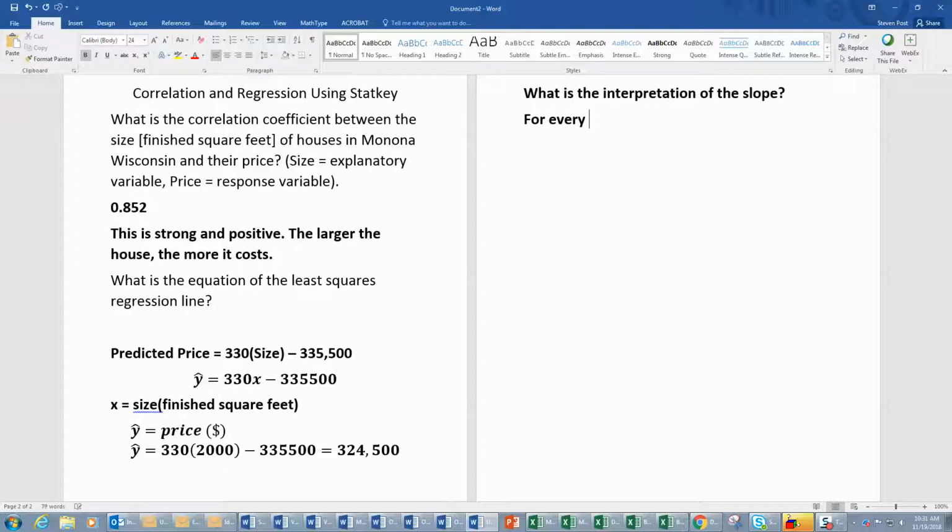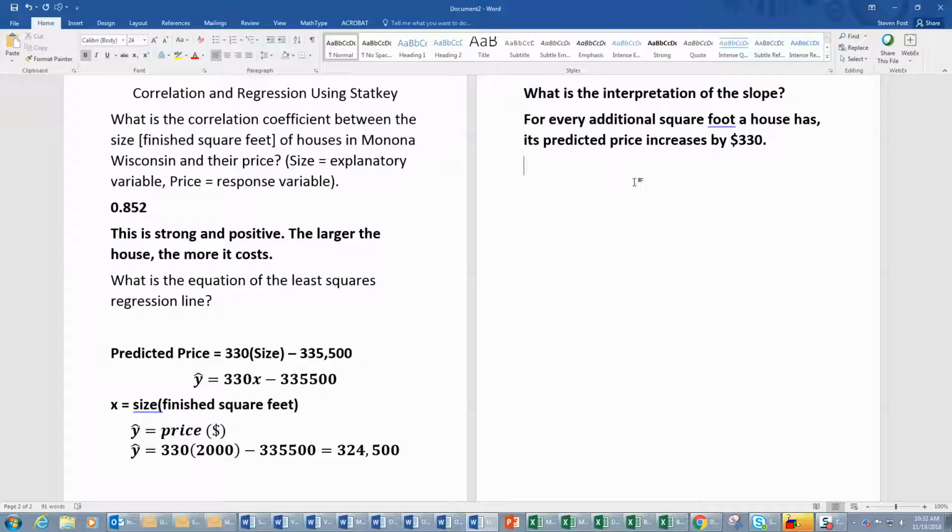For every additional square foot a house has, its predicted price increases by $330. And this doesn't mean that if you come along and build one additional square foot on a house, its predicted price goes up. It just means that when you're comparing two houses to each other, for each additional square foot, the predicted price increases by $330.